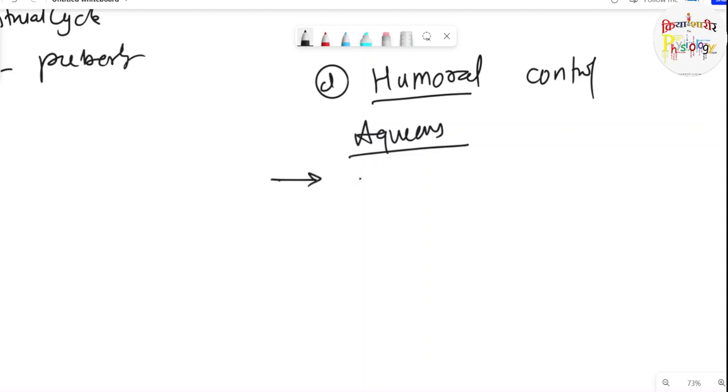This aqueous medium could be either a hormone or a chemical. Okay, meaning one hormone could control or regulate the secretion of another hormone, or the chemicals can control or regulate the hormone secretion.